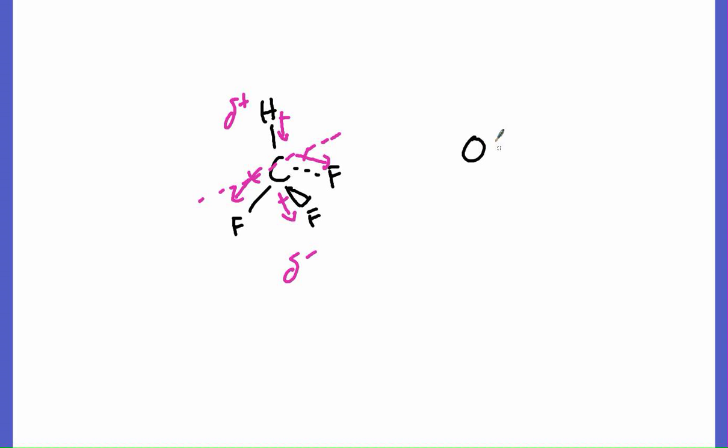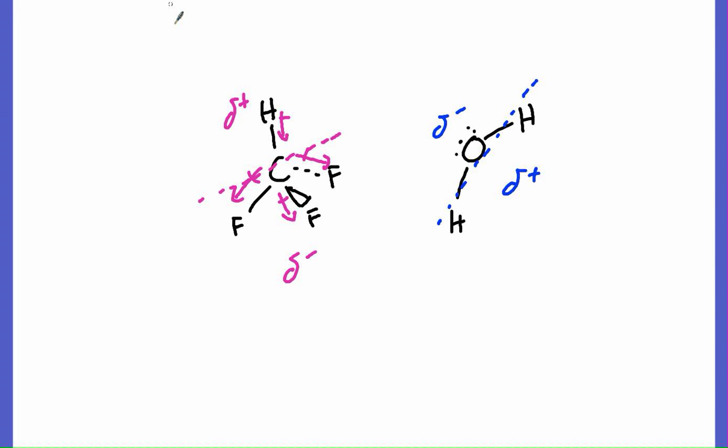If I have an oxygen and two hydrogens, we know that water is polar, right? But it's polar because you can separate positive and negative. I can even draw a line here that separates my positive hydrogens from my negative oxygens.